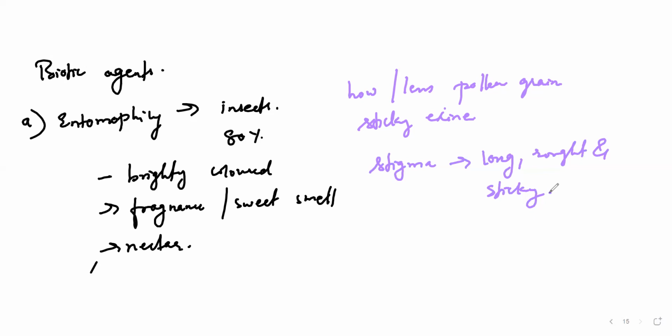Okay, so next one is ornithophily. So ornitho means birds. Basically the small birds do this type of pollination, for example, hummingbird.